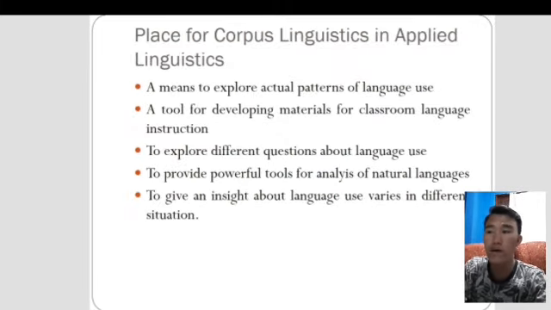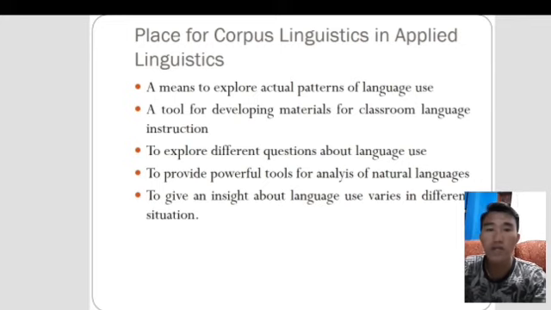And now we move on to the next slide. In this section we have to know the place of corpus linguistics in applied linguistics. So the first one is a means to explore actual patterns of language use.